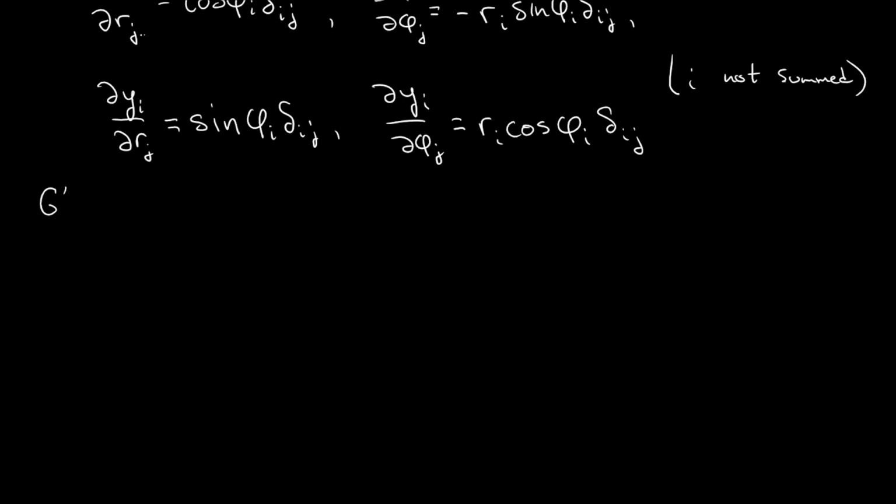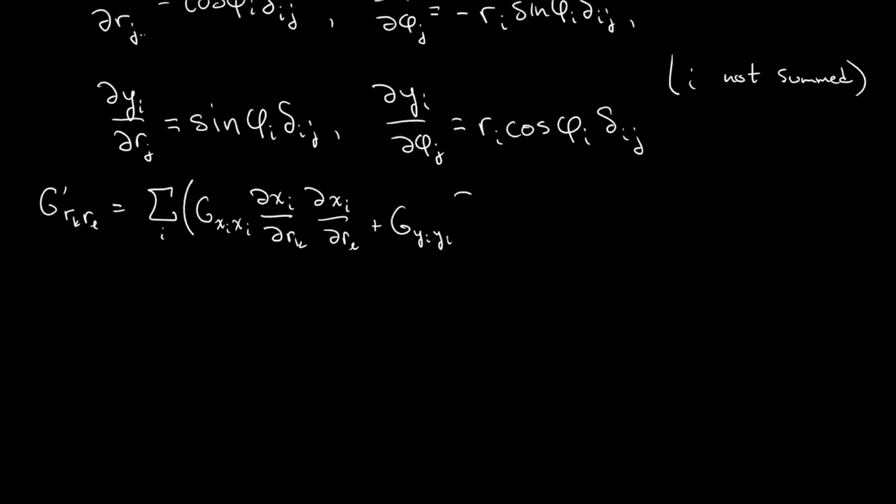So I'll say G prime r_k r_l, and I'm going to explicitly write the summation symbol in this case. This is the sum over i of G_xixi ∂x_i/∂r_k ∂x_i/∂r_l plus G_yiyi ∂y_i/∂r_k ∂y_i/∂r_l.